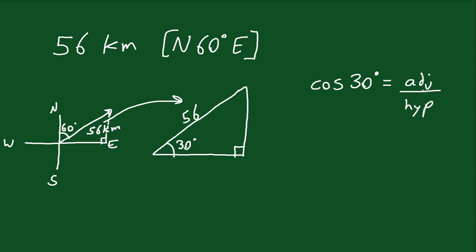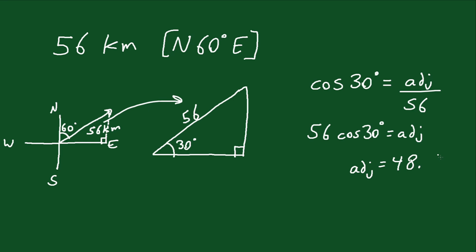In this case, the hypotenuse is a value of 56. So I'll put 56 right there. You can solve for the adjacent side. 56 times cos of 30 degrees is equal to the adjacent side. Therefore, the adjacent side has a length of 48.5 kilometers.